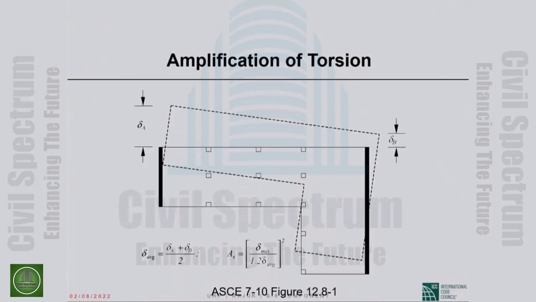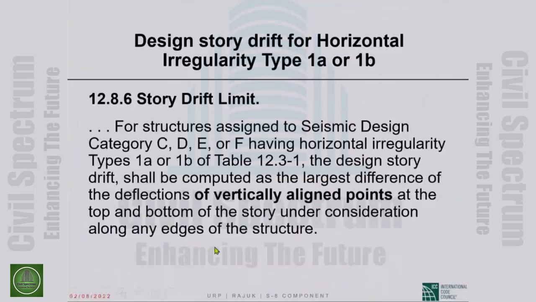Okay, so this is just illustrating the delta maximum and delta average and the definition of the accidental torsion amplification factor, or the torsional amplification factor. I don't know why it's accidental.